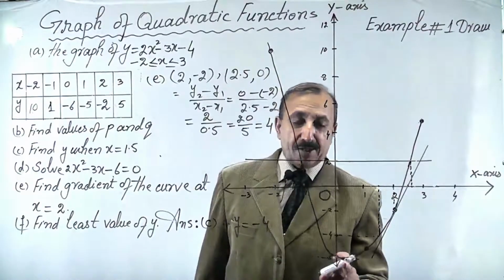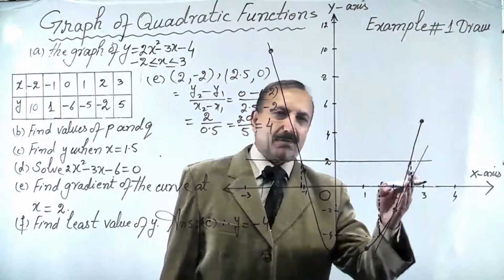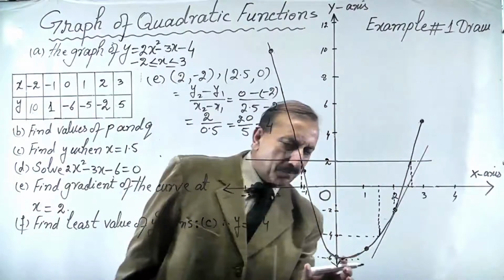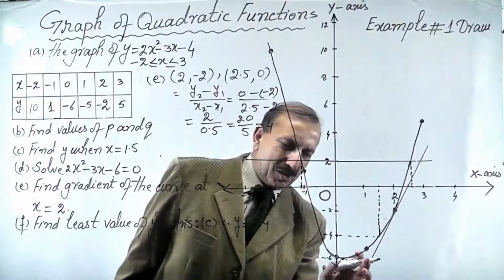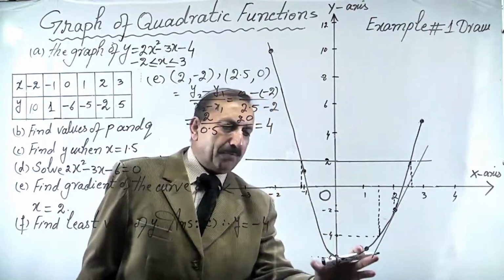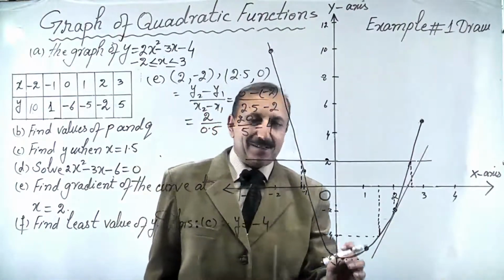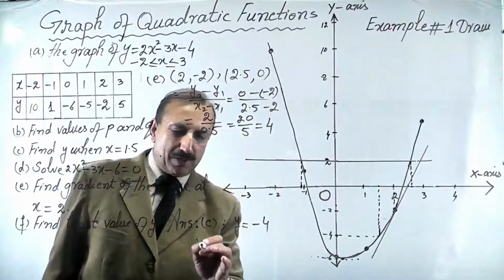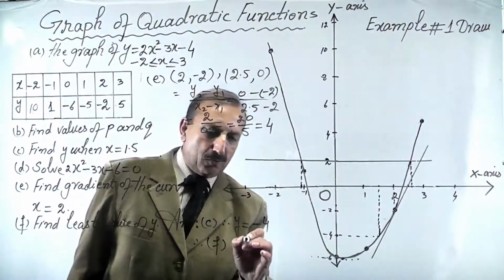So we will write this value by assessing with the help of a ruler, like we assess when drawing the tangent line. A horizontal ruler will give you a balance and the exact least value. So my dear student, therefore this is part number F, and its answer is the least value.